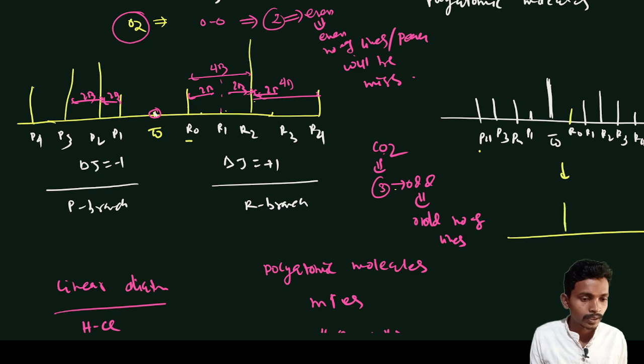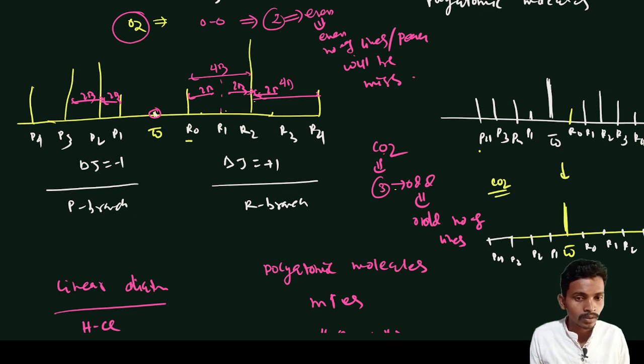So how will it look for CO2? This is R0, this is R1, this is R2, R3, this is P1, P2, P3, P4. So odd-numbered lines will be missing. R0 will miss, the R2 peak will be there, this is missing, these peaks are there.